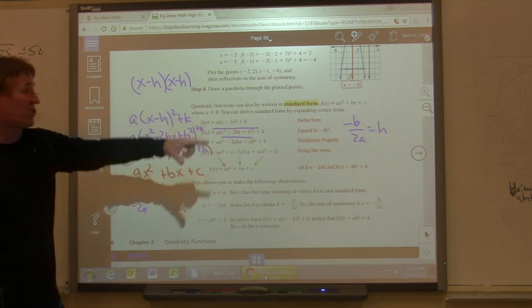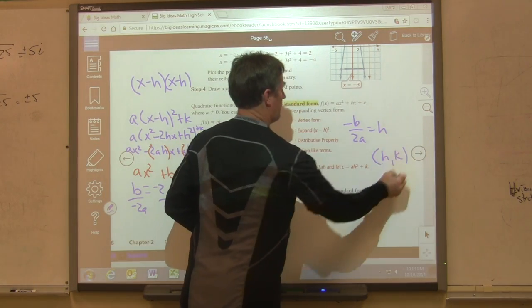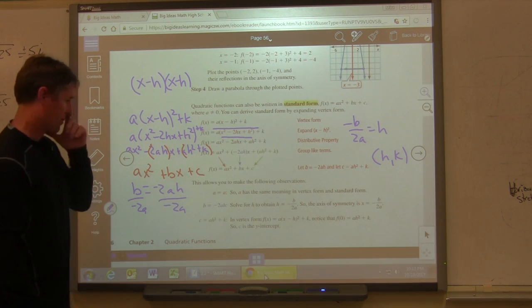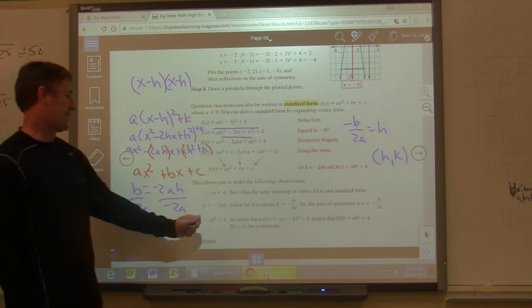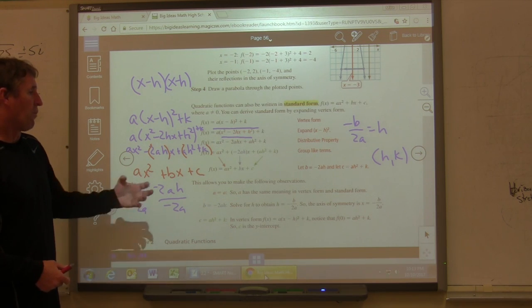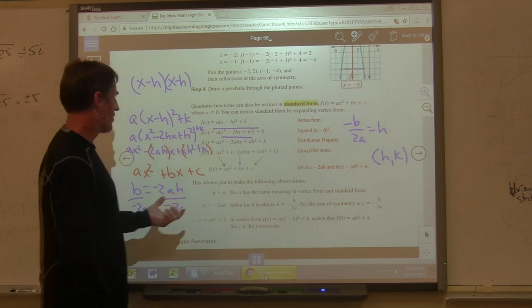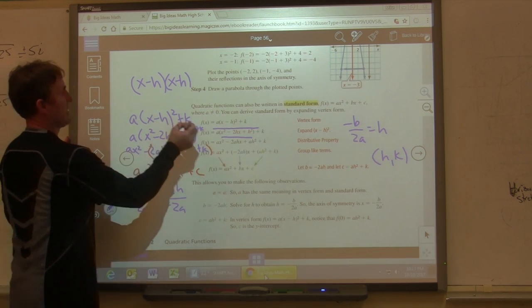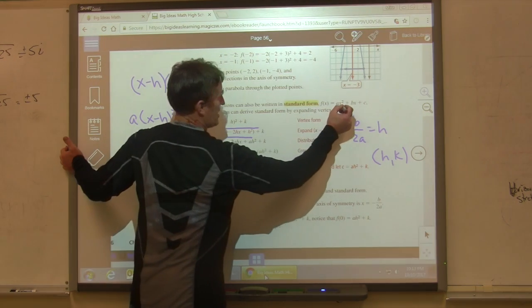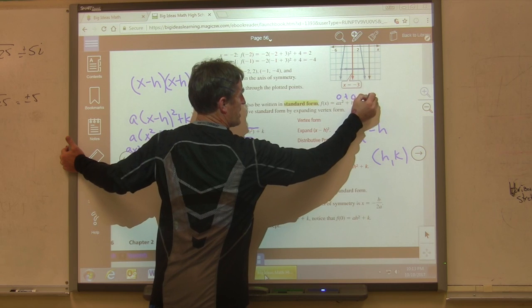And remember, h is our vertex in standard form. And then this ah squared plus k is our constant. And what that gives us is that if we put 0 in to this standard form, if I put 0 in for x, that gives me 0 plus c.